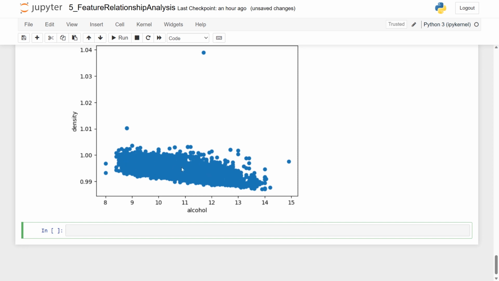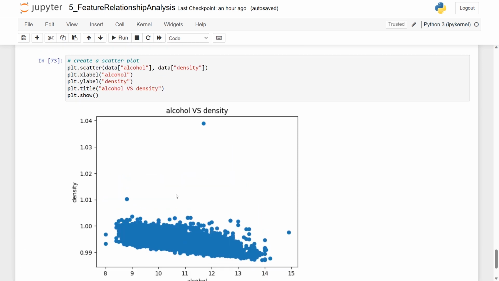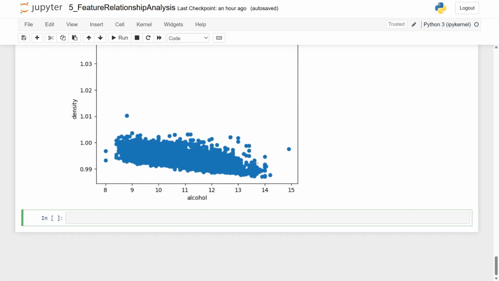It seems like a linear equation, and it's negative. As alcohol is increasing, the density is reducing. Initially at alcohol 9 the density is 1.001, then as it came to 14, the density came down to 0.99. There is a clear-cut negative correlation here.